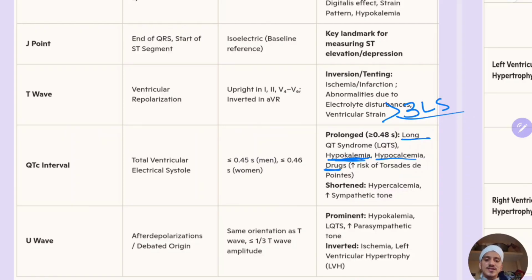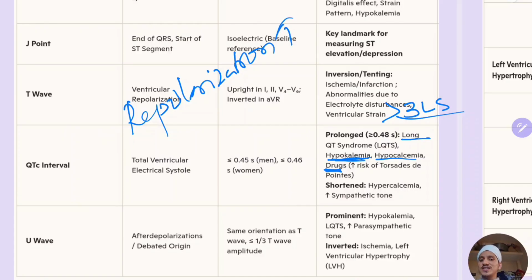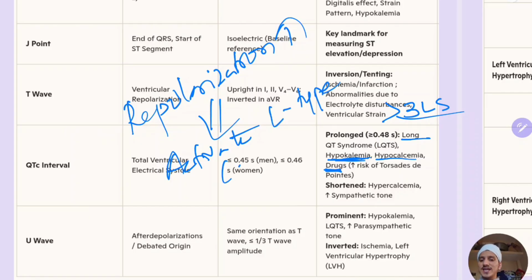And drugs prolonging the QT interval, for example, tricyclic antidepressants, antipsychotics, macrolide antibiotics, a long list there. So QT interval prolongation is a good topic. Why is this important? When the QT interval is prolonged, the repolarization of the heart is prolonged. Prolonged repolarization will activate the L-type calcium channels again.